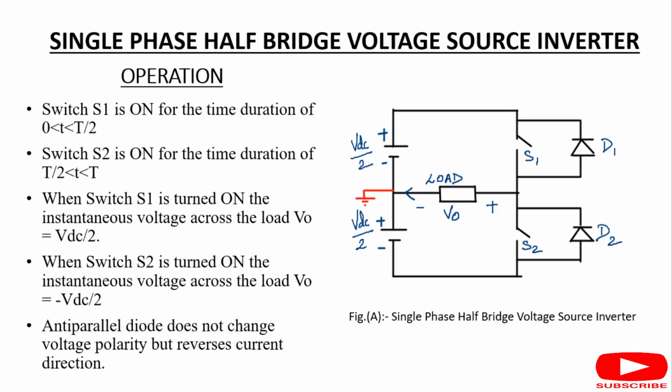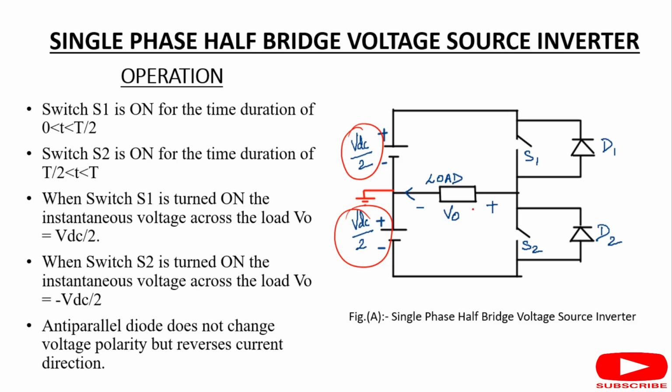Now the next topic is the single phase half bridge voltage source inverter, in which first we will try to understand the operation of the very first type of single phase voltage source inverter. This is the circuit diagram of the single phase half bridge voltage source inverter, in which we supply the DC voltage VDC by 2 and VDC by 2.